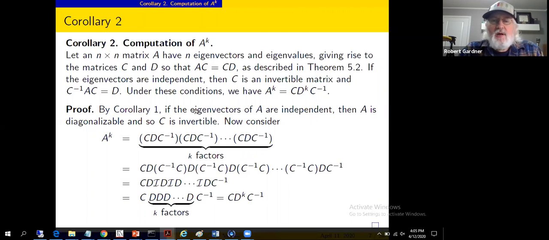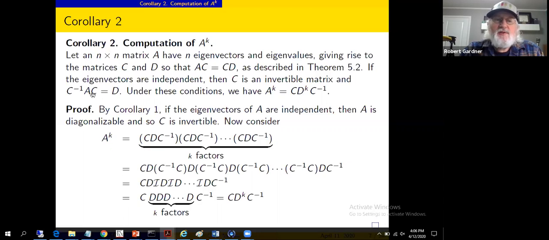All right, so let's see, we'll take the relationship C inverse AC equals D. We can solve this for A. Take the C inverse to the other side on the left, take the C to the other side on the right. That'll produce A equals C D C inverse.